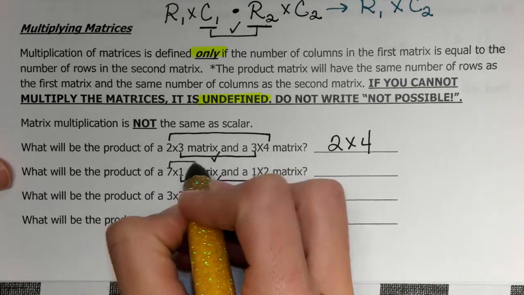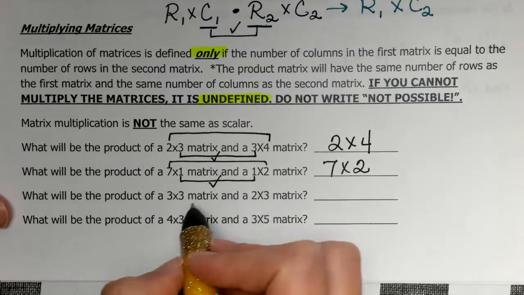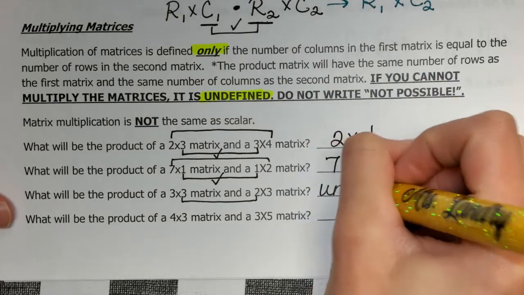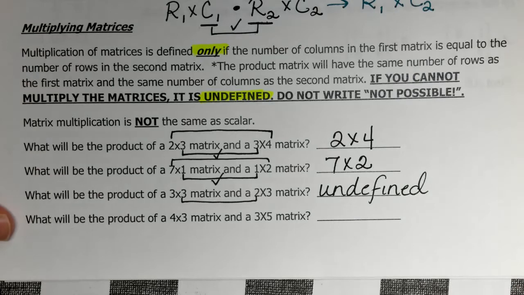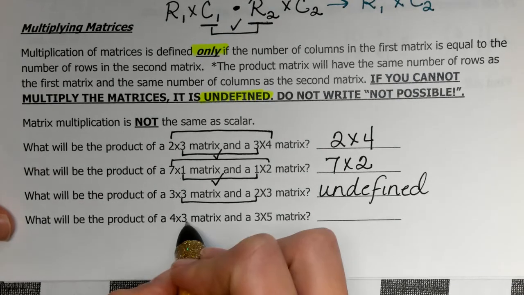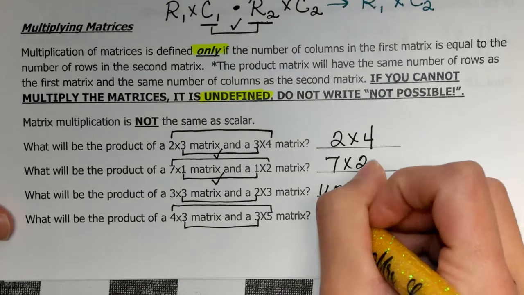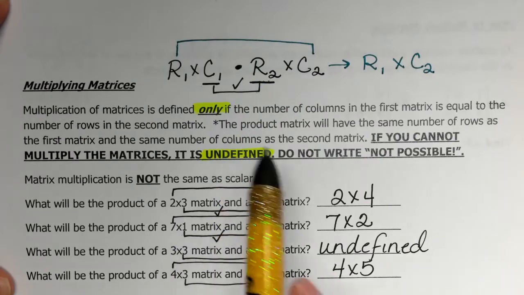Yes, it would give me a 7 by 2. What about a 3 by 3 and a 2 by 3? Nope, it's undefined. What about a 4 by 3 and a 3 by 5? It's going to give me a 4 by 5. So y'all understand what I meant up here now?